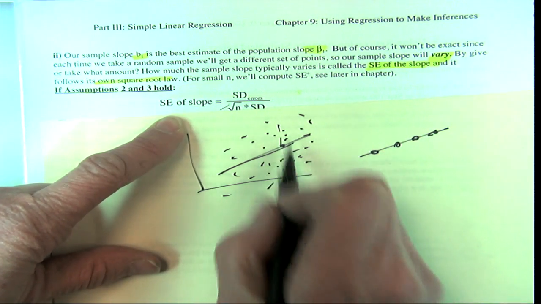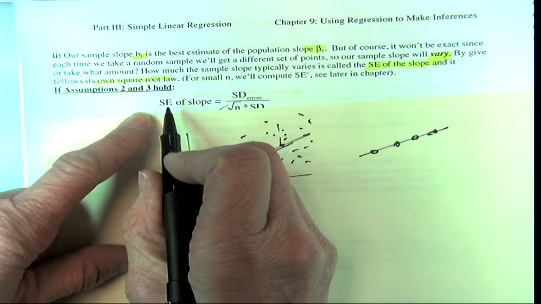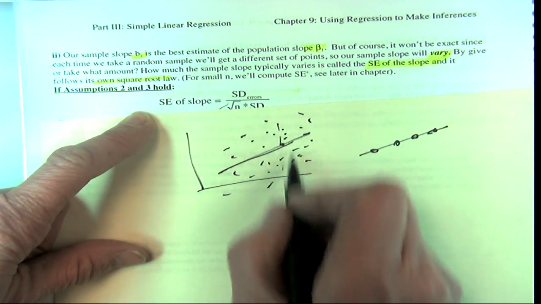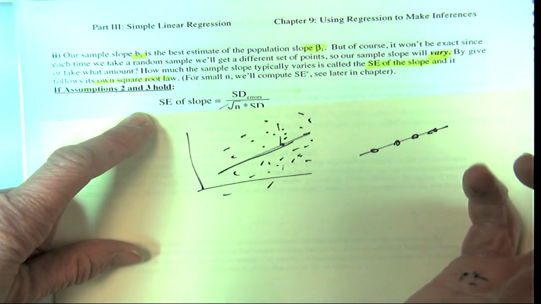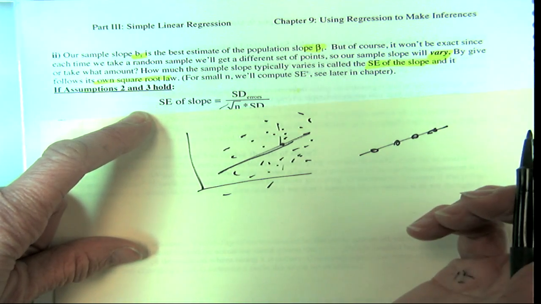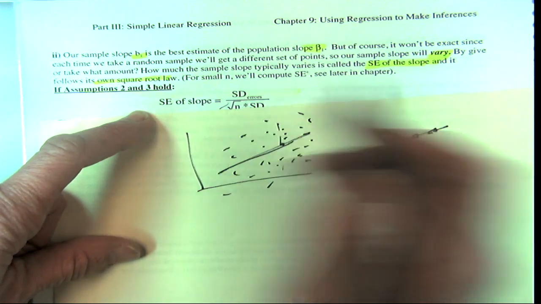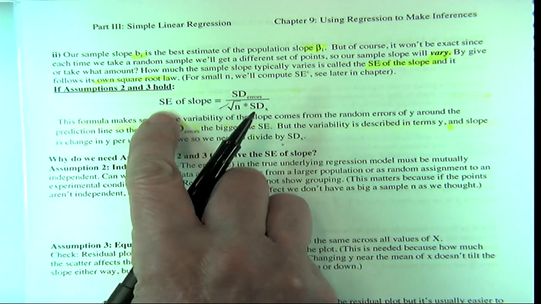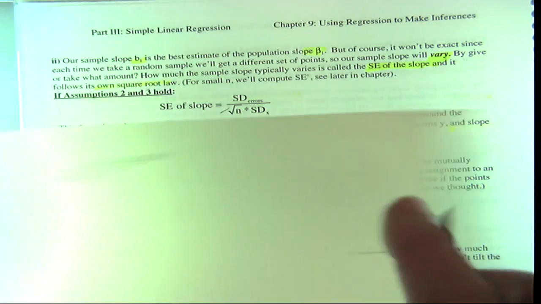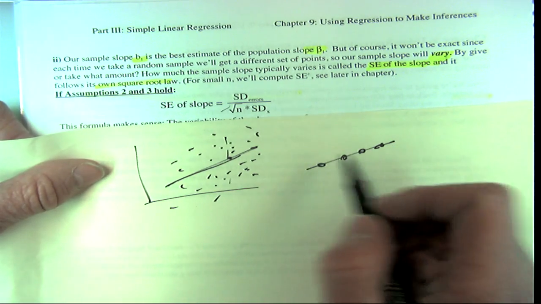So the more error there is, the more standard error there's going to be, the more scatter. Doesn't that make complete sense? That would be in the numerator. This is your sampling error, how much your slope is going to vary every time you take a sample.